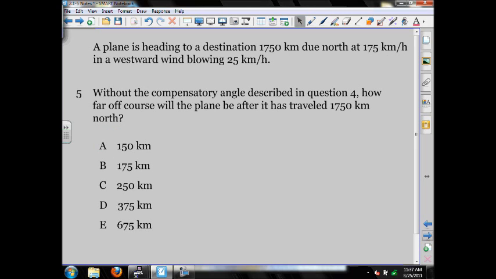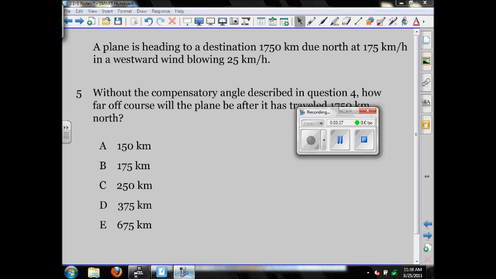Same problem, different question. So now the plane is flying due north at 175 kilometers per hour. We want to know how far off course would the plane be after it travels 1750 kilometers. Good.